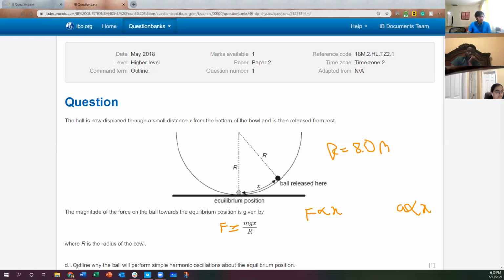So when part D1 asks to outline why the ball will perform simple harmonic oscillations about the equilibrium position, all we have to say is that A, the force is linearly proportional to the displacement, and B, this force is a restorative force. Do you see how it says toward the equilibrium position? Because it's restorative, those are our two conditions for SHM. It's a restorative force towards equilibrium, and it has to be linearly proportional, right?